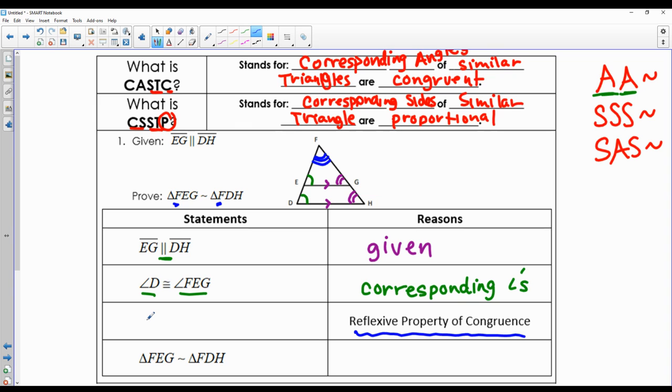Again, if you were writing this proof out, you could use the other angles as well, but they're going to say that angle F is congruent to itself, angle F right there, by our reflexive property. And therefore, with our 2 angles, we've proven 2 angles are congruent. So we can say, therefore, those 2 triangles are similar using the angle similarity theorem. And that's number 1. We'll do a couple more with you.